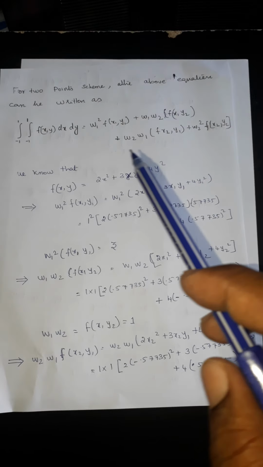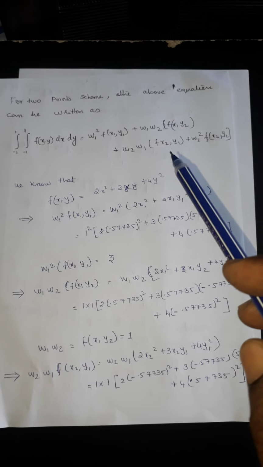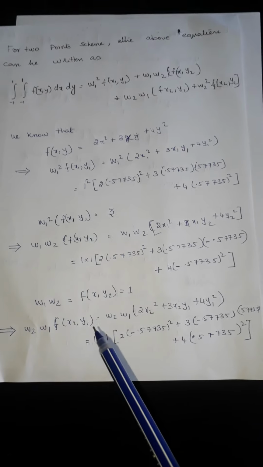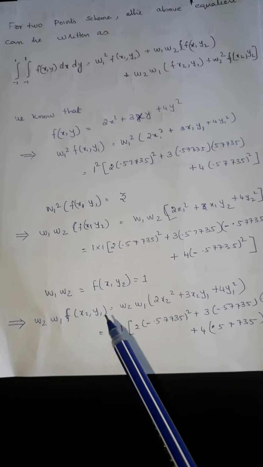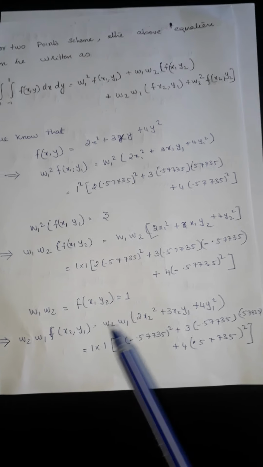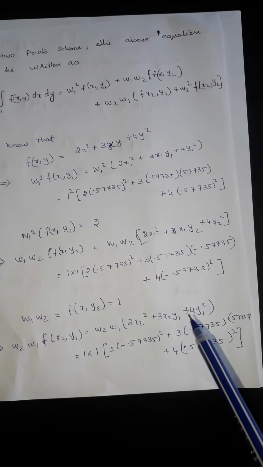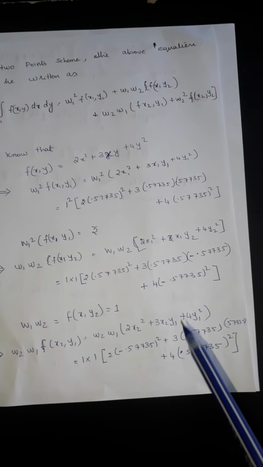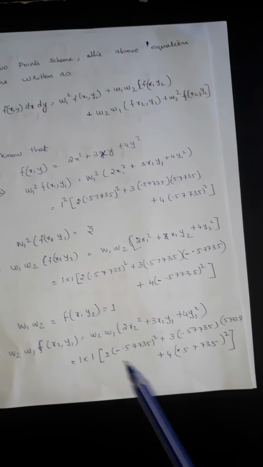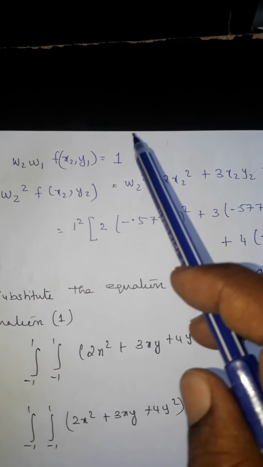Now what is the last one? W2 W1 f of x2 y1. So x2 value and y1 value should be substituted here, and you get this value; W2 W1 is also 1.